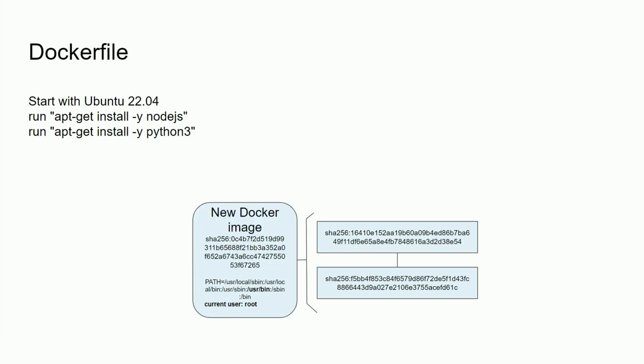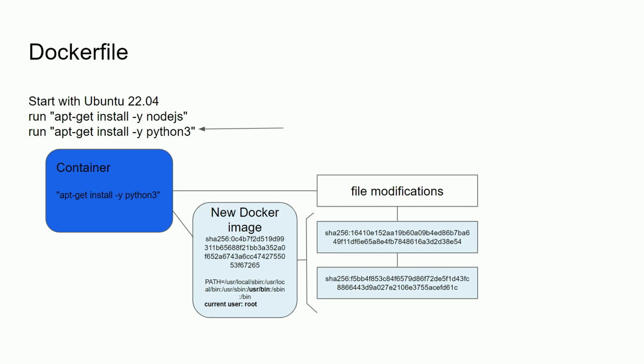Now we effectively have a new image with 2 layers. Docker then repeats the process, moving on to the next command in the Dockerfile. It creates a new container, pointing at this new image, runs the next command, freezes any file system changes into a new layer, then repeats the process for each subsequent command until the end of the Dockerfile is reached.